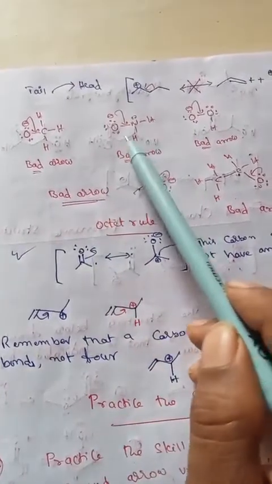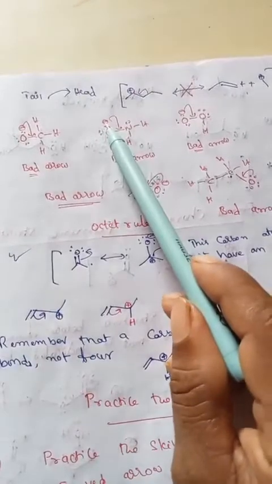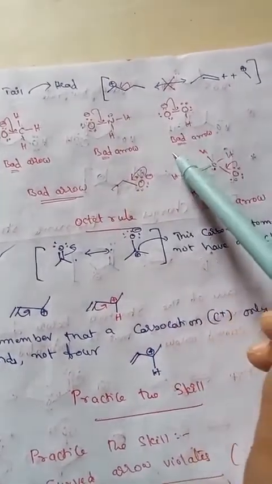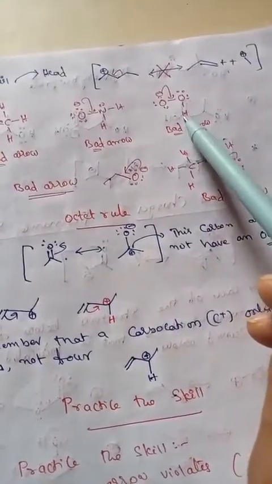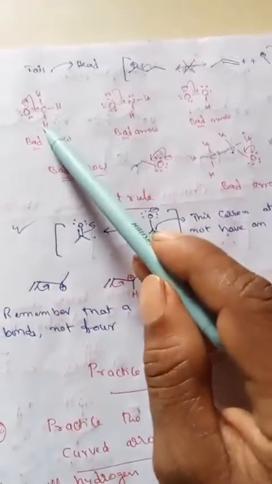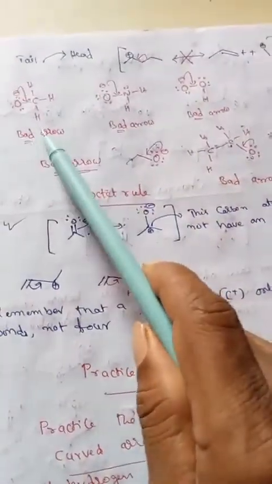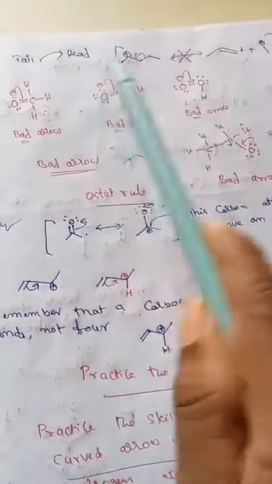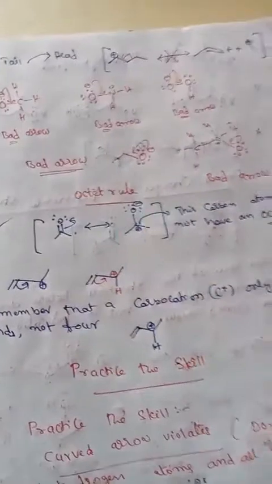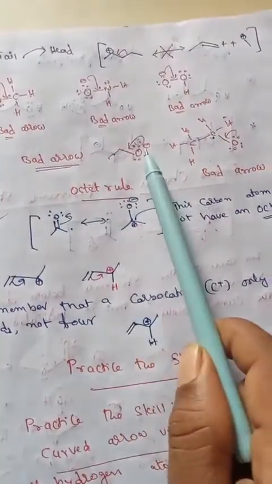Another one, for example hydroxylamine, in this one O minus also is a bad arrow. Also, for example, peroxide, HOO minus, again. These three violate the octet rule.